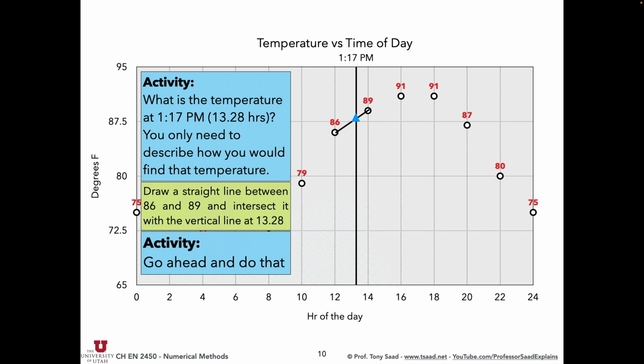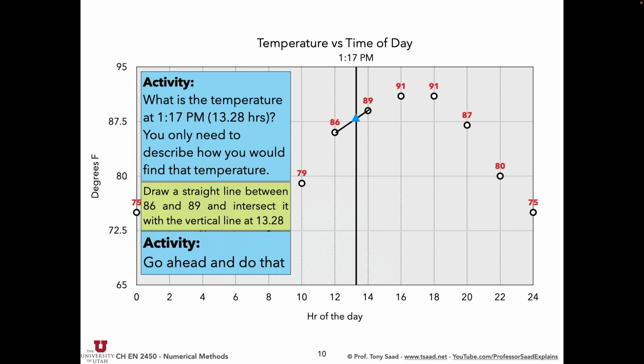How do you get the intercept? So you know two values. You know the value at 12, which is 86, and you know the value at 14, which is 89. You can use either one of those facts to get B. So just simply plug in 12 and y equal 86, and then you can get B. Okay? Let me show you.